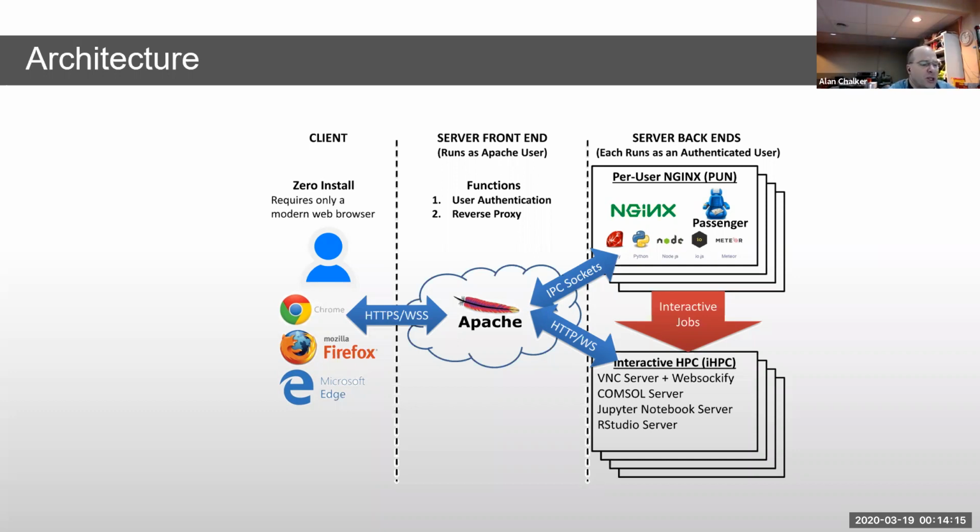So once you log in, what's happening is, for example, if I log in, and I'll show you this in a second, Alan C as a user is launching an Nginx Passenger stack that's showing you everything that you get. And so what that means is that we don't have to worry about special user configuration or authentication.